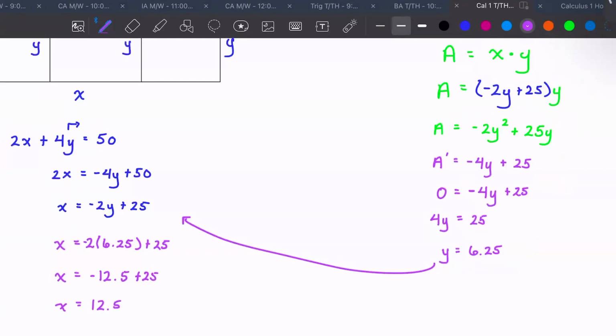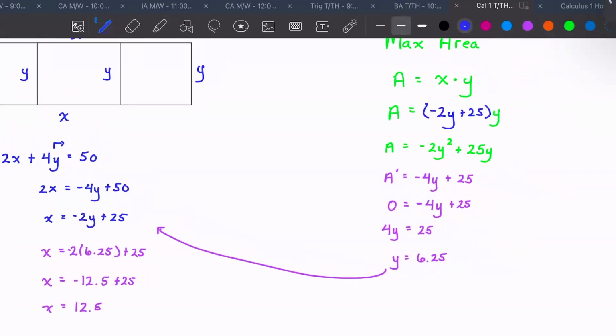All right, so your dimensions: your X needs to be 12.5 feet, and your Y is 6.25.